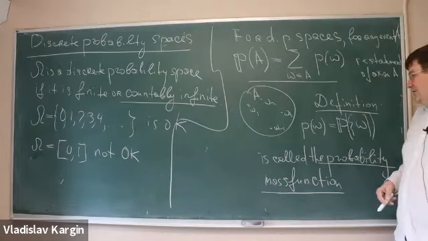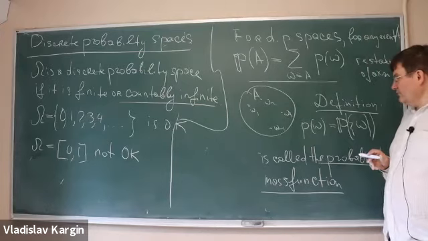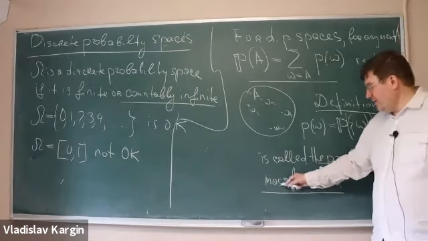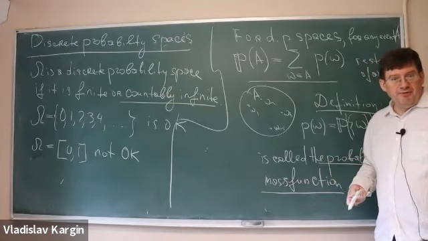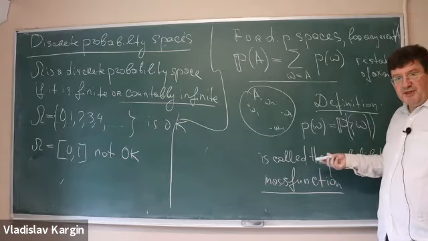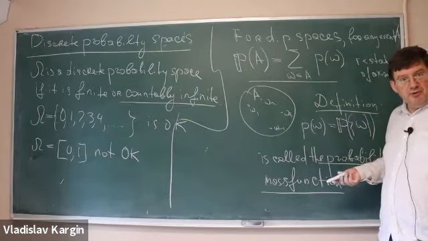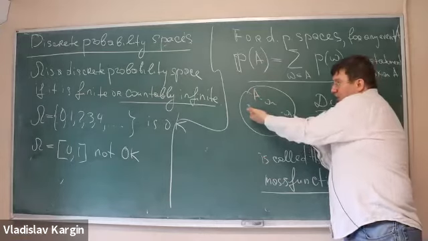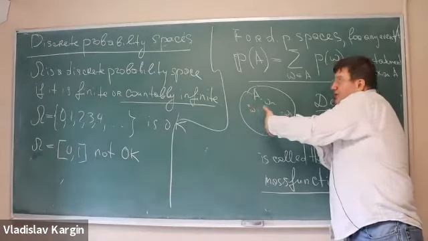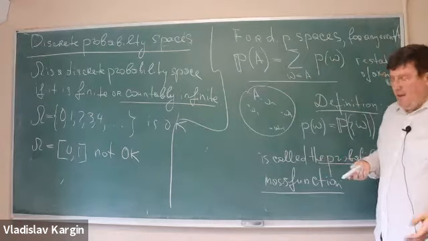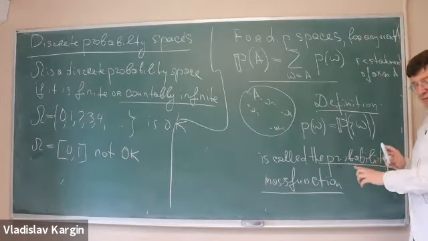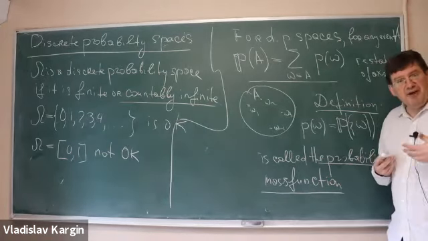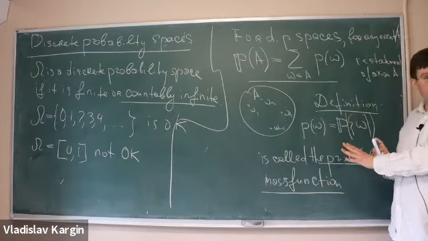So you think about this as borrowing from physics. You can think of it as the mass of one particular outcome, of every particular outcome. If you want to find the probability of the whole set, you think of these outcomes as points and sum their masses. This is a little bit nonstandard, because usually people talk about the probability mass function of a random variable, and we will talk about that later.